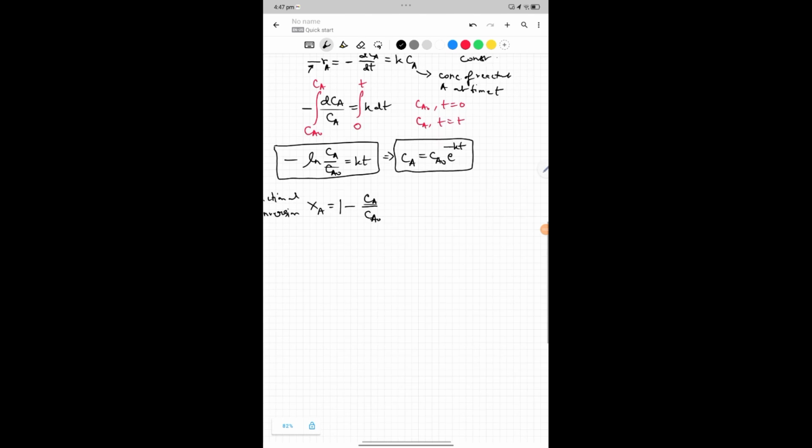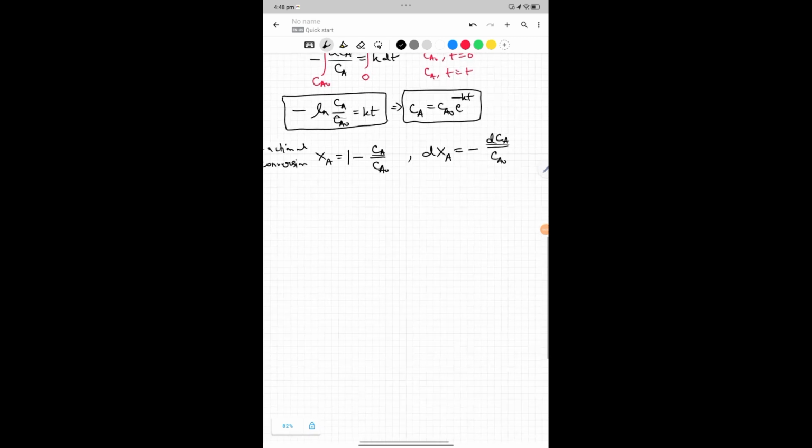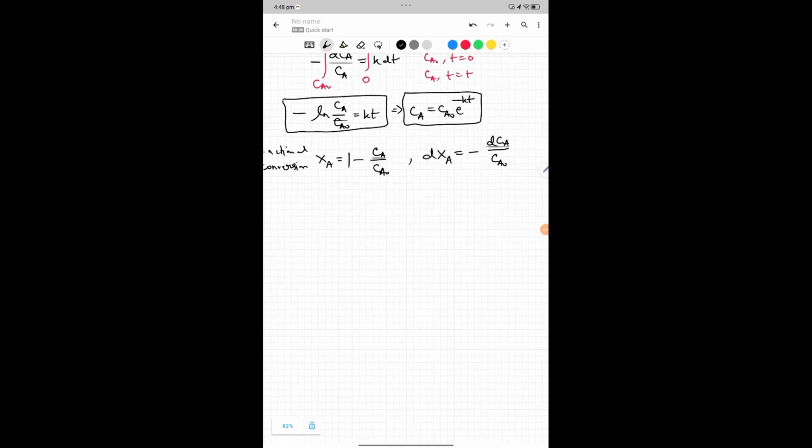Simultaneously, we also showed that dXA is equal to minus dCA by CA0. We showed this earlier. Keeping these things in mind, we will proceed from here using this expression. So what we know is dXA is minus dCA by CA0.